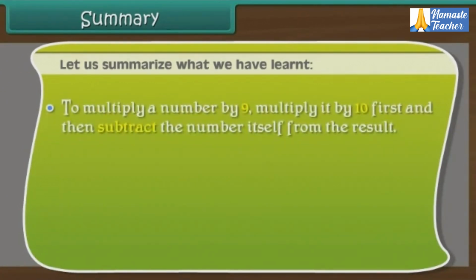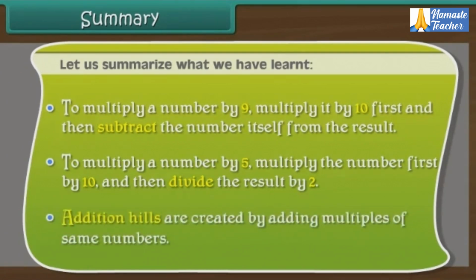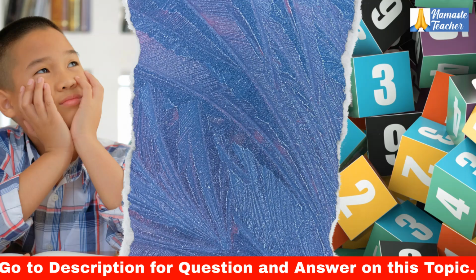To multiply a number by 9, multiply it by 10 first and then subtract the number itself from the result. To multiply a number by 5, multiply the number first by 10 and then divide the result by 2. Addition hills are created by adding multiples of same numbers.